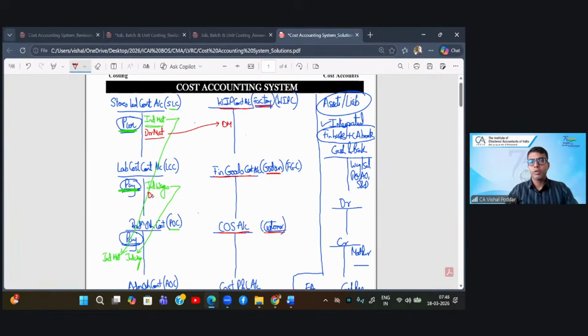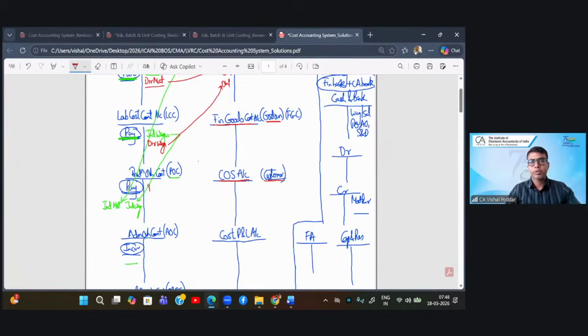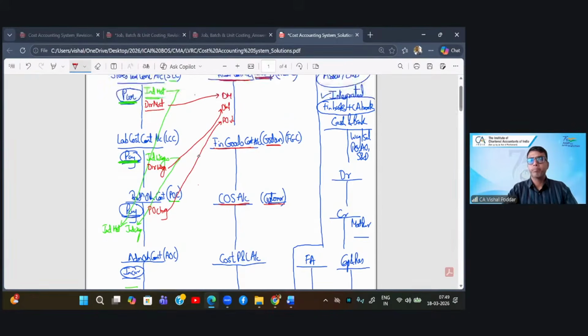Similarly, whatever is your direct wages will also be charged here, right? Again, in overheads, whatever is your production overheads, which you have to now charge, will be charged here. Correct, students? I hope this is clear.